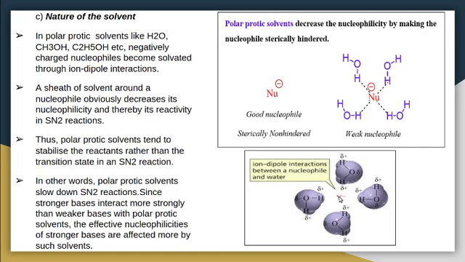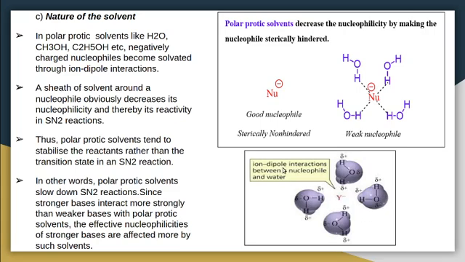Ion dipole interaction means, let's consider this Y minus ion is the nucleophile, that is the ion. Then the dipole, this is the solvent water molecule. It has a dipole, two poles, positive pole and negative pole. So this ion dipole interaction is the cause of the formation of this sheath of a solvent layer around the nucleophile.